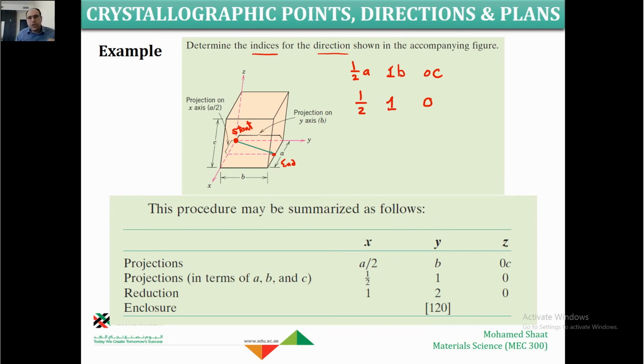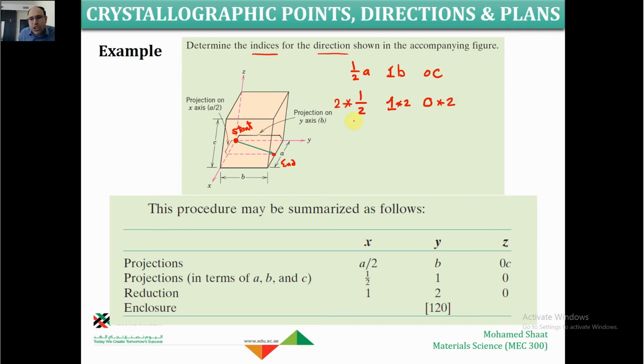So how can we define it? Your objective is just to look at the denominator of the fraction, because you may have more than one fraction. Here I have only one fraction, so you multiply all the indices by the value of this denominator, which is 2. So you just multiply times 2, times 2, times 2.